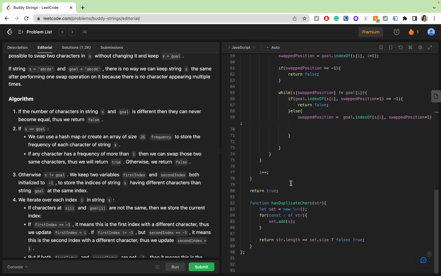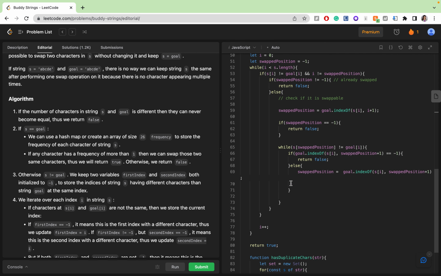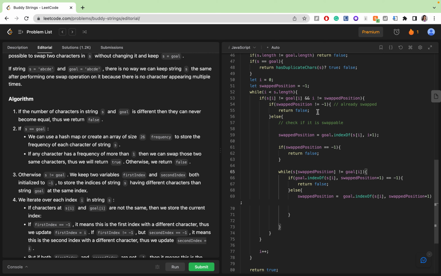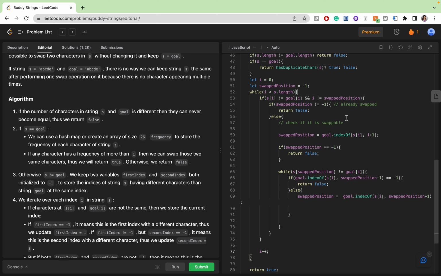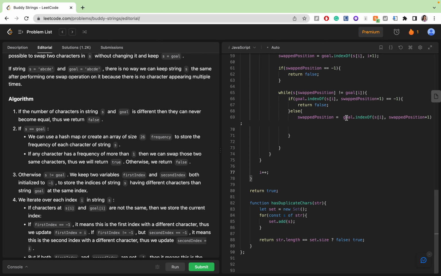Okay, so this is my solution. Just for this solution, I am not using anything to store that is growing, but for this one I am storing all the values in set.